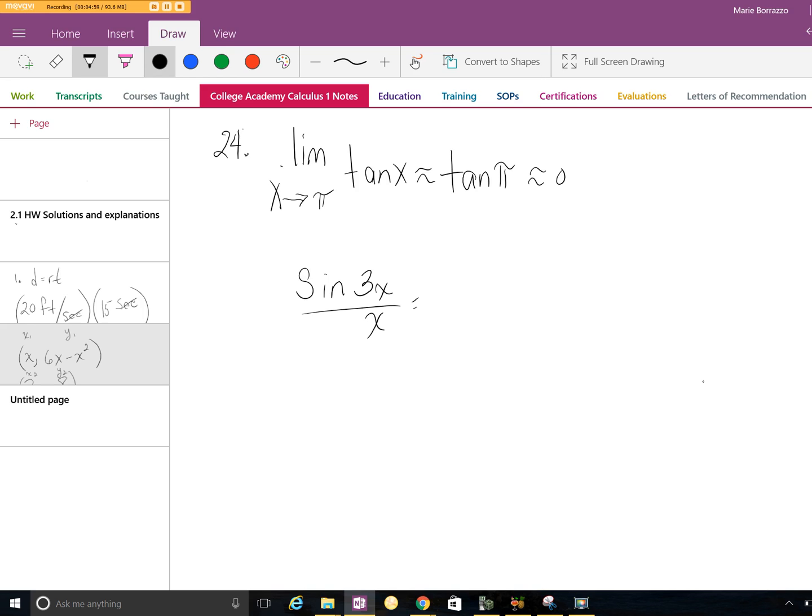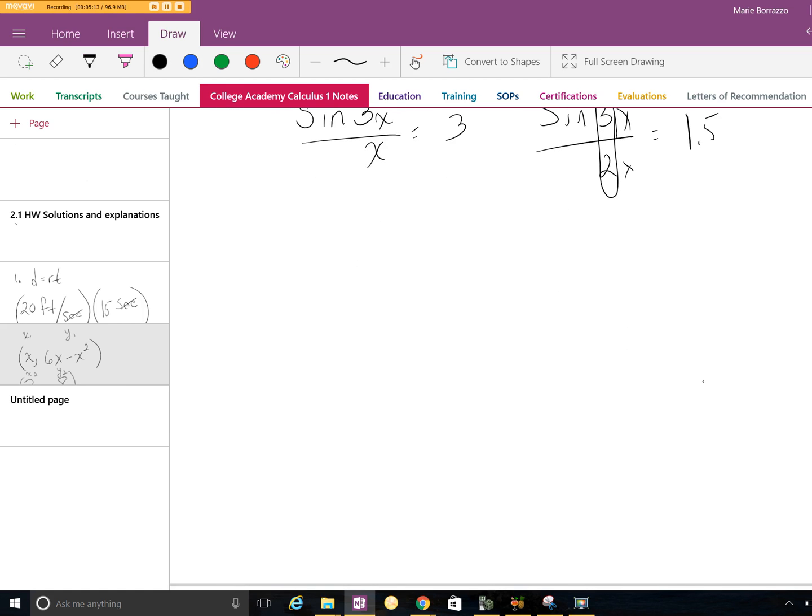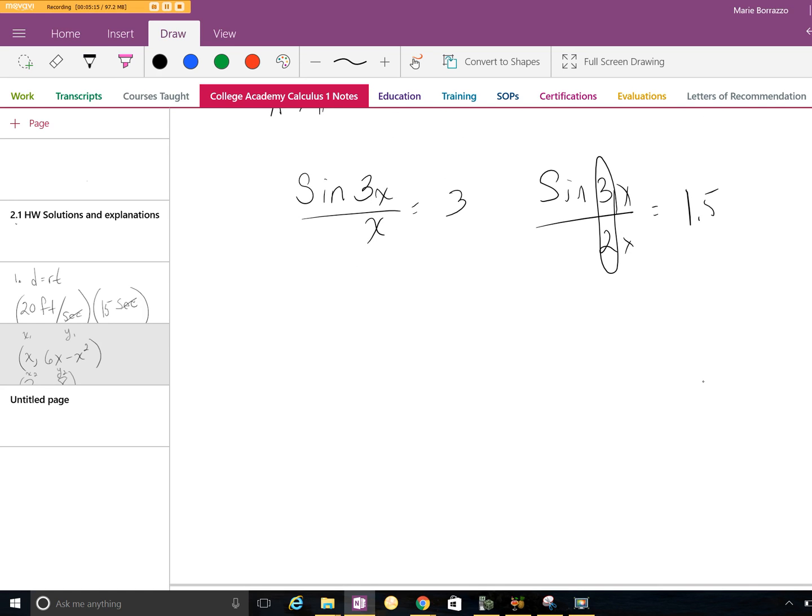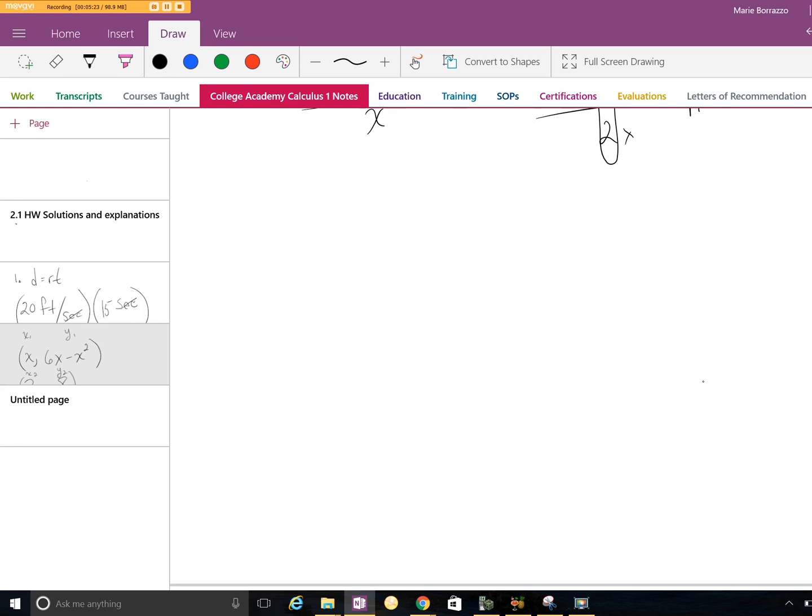In this case, we know that the limit will be 3. And if this were sine 3x over 2x, then this limit would be 1.5, hence 3 over 2. So those are little tricks where you just focus on the coefficient. Oh, and also remember, if there's a number added here, it would impact the value of the limit. So just keep that in mind.